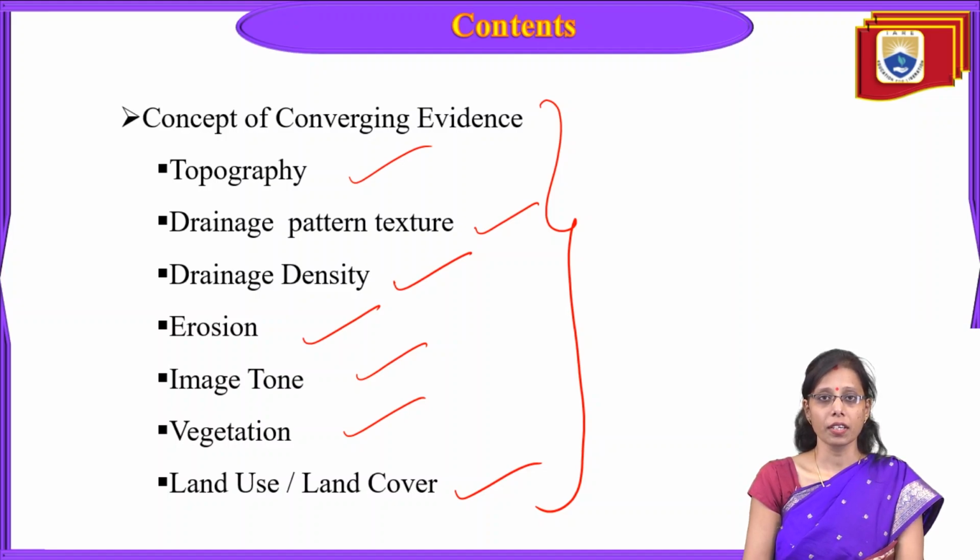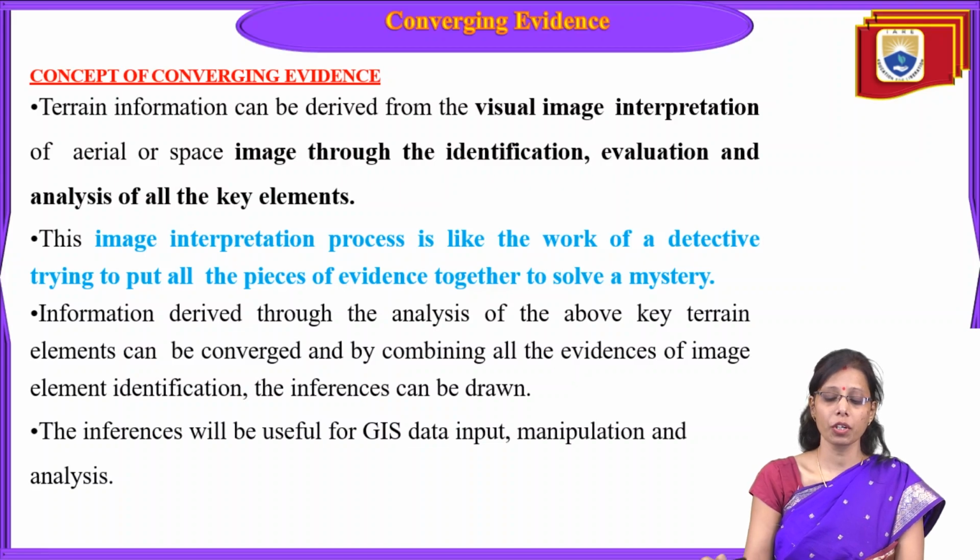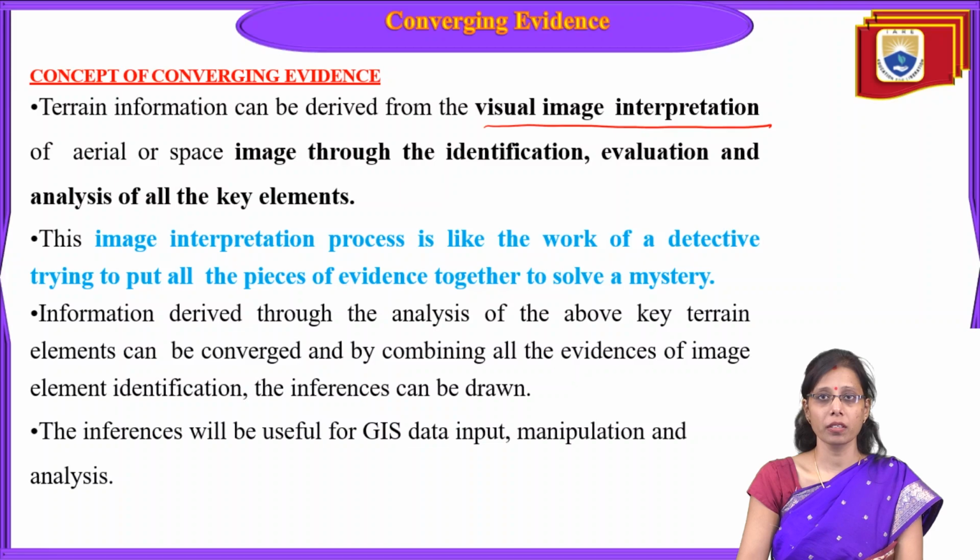So let us understand what converging evidence is. Converging evidence is information about the terrain, derived from the visual interpretation of aerial or space images through the identification, evaluation and analysis of all the key elements. This image interpretation process is like the work of a detective trying to put all the pieces of evidence together to solve a mystery.